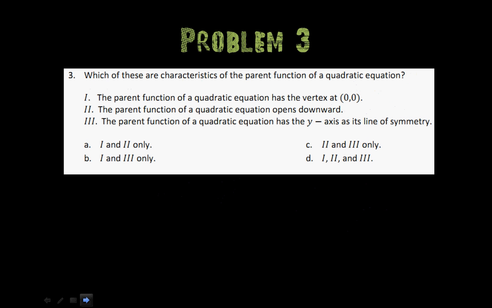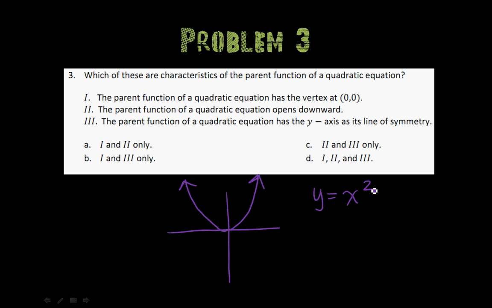Okay, number 3, which of these are the characteristics of the parent function of a quadratic equation? The parent function of a quadratic equation looks like this. And right away when you get this problem, you would go into the calculator and you would graph y equals x squared, which is the parent function of a parabola, or a quadratic function.